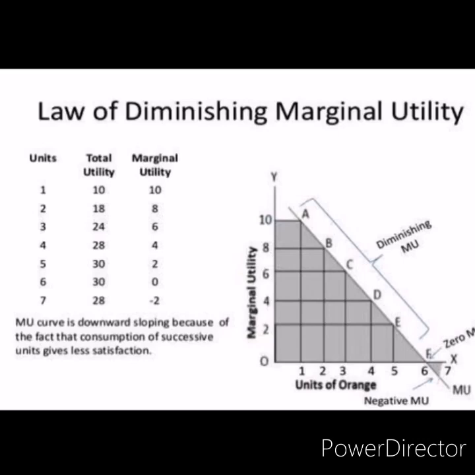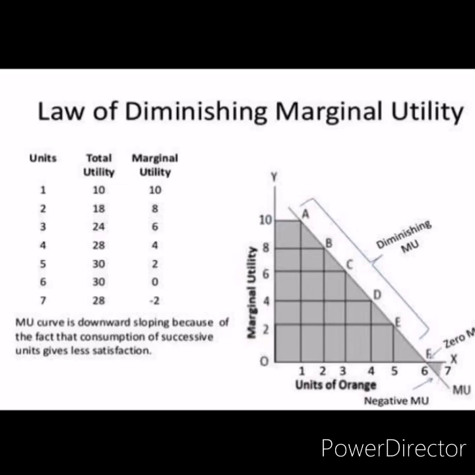So this is a graph. OX represents the units of orange and OY represents the marginal utility, and this is the MU curve. So what they are saying is that the MU curve is downward sloping. Why is the MU curve downward sloping? Because consumption of successive units gives less satisfaction.